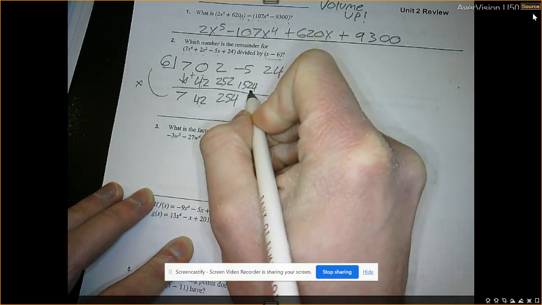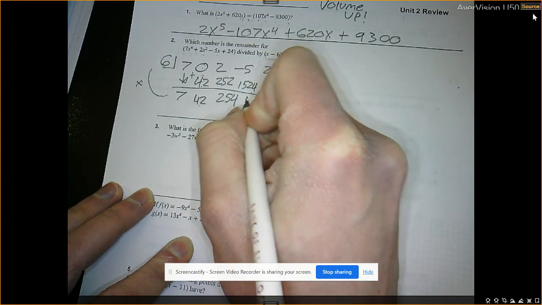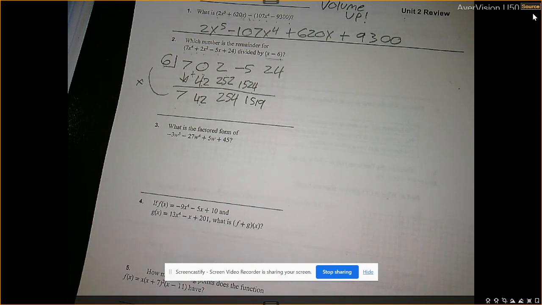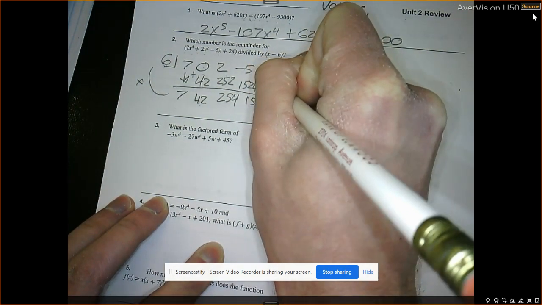Okay, negative 5 plus 1524. That's going to be 1519. Whew, we're getting to some big numbers here. That's okay, though. So 1519 times 6 now. That's 9114.